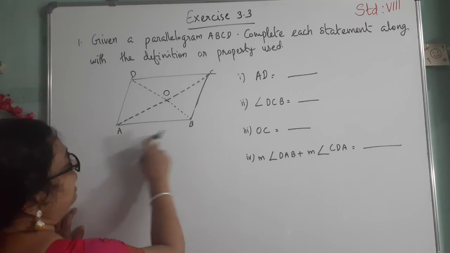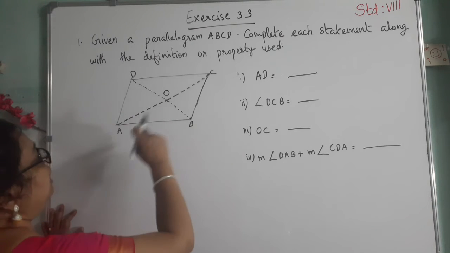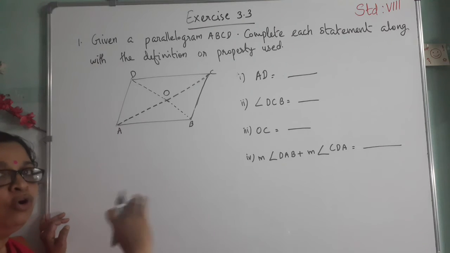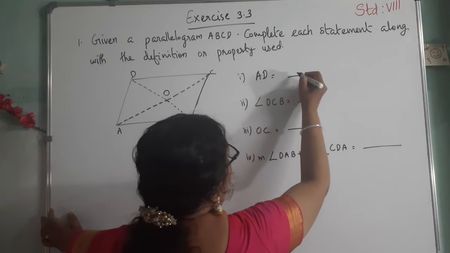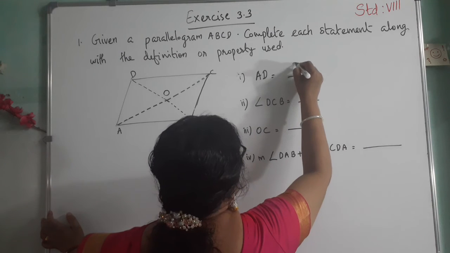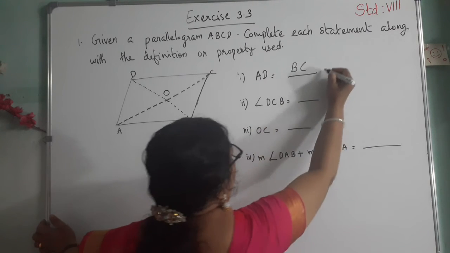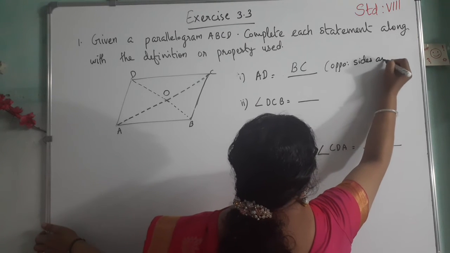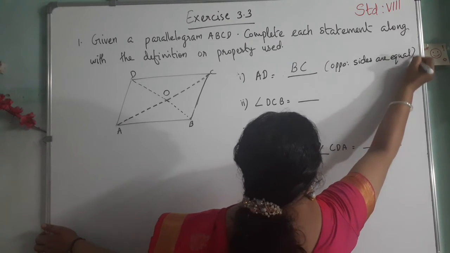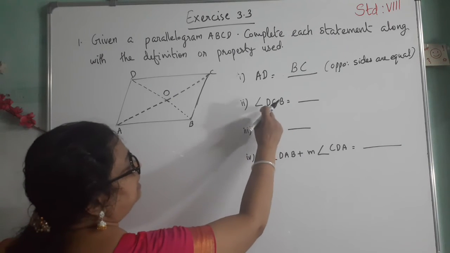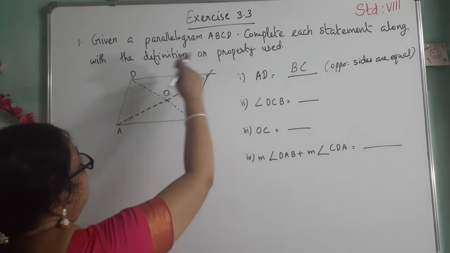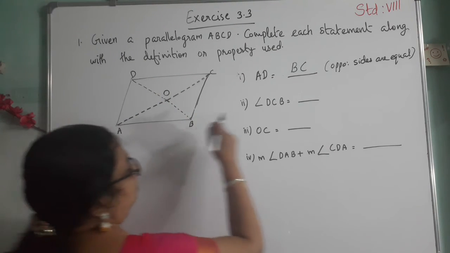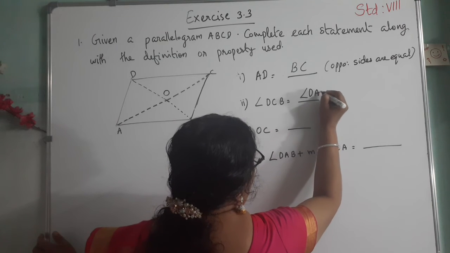Then the first one, AD is equal to dash. We know that in a parallelogram opposite sides are equal, so AD equal to BC. Reason: opposite sides are equal. Then second one, angle DCB is equal to angle DAB.